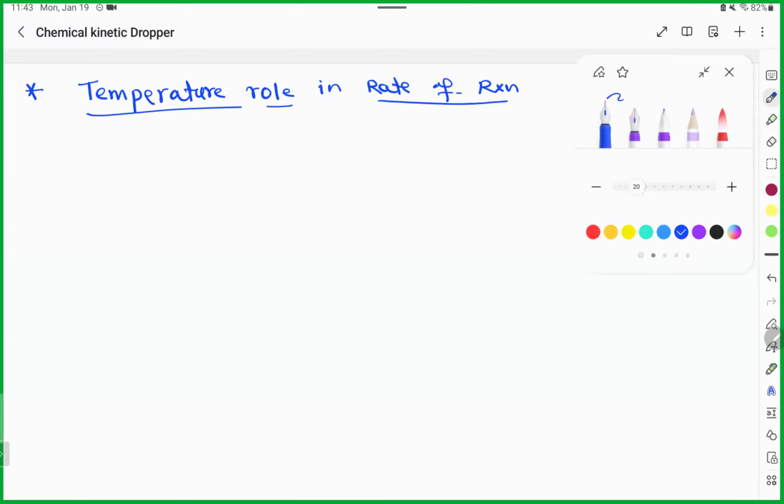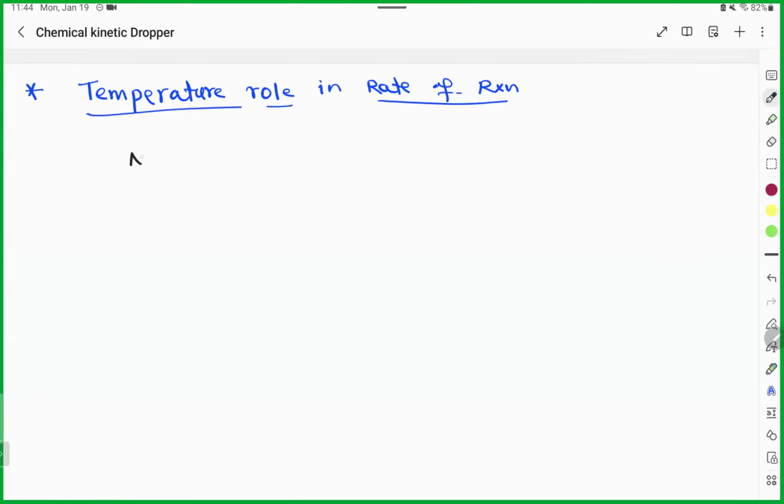NCERT mentions the example of N2O5. If you take N2O5, it will convert into 2NO2 and half oxygen. This is the reaction. But you will see the difference.